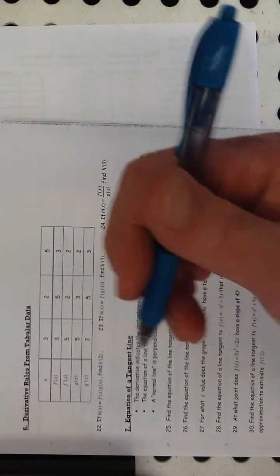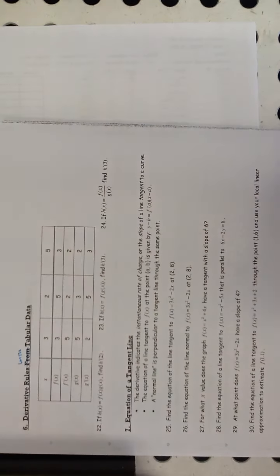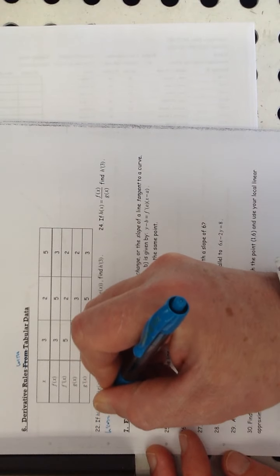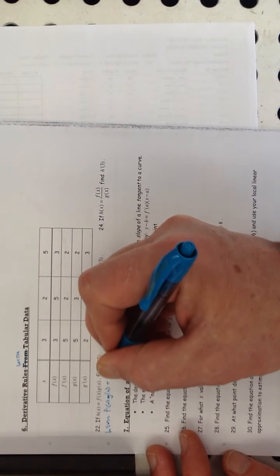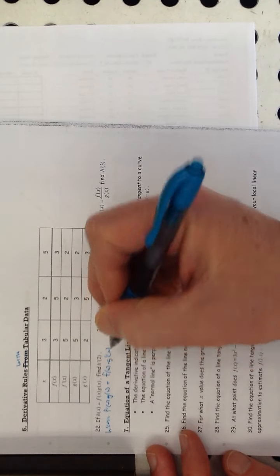All right, finding some derivative rules, using some derivative rules. So product rule here, h prime of x is equal to f prime of x times g of x plus f of x times g prime of x.